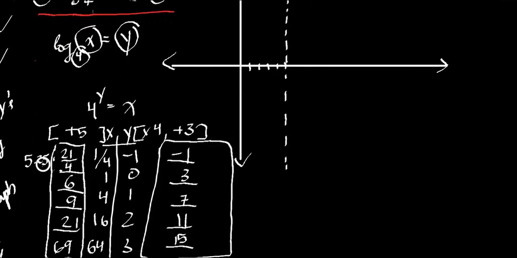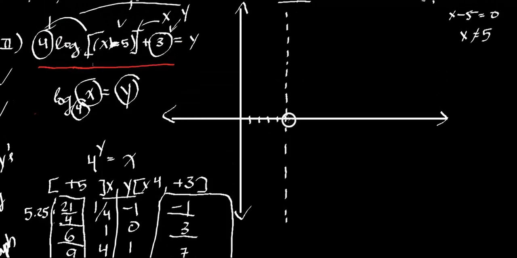So we got the first point, 21/4 or 5.25, -1. So this is 5.25, so it's there, negative 1. Alright? Then 6, 3.